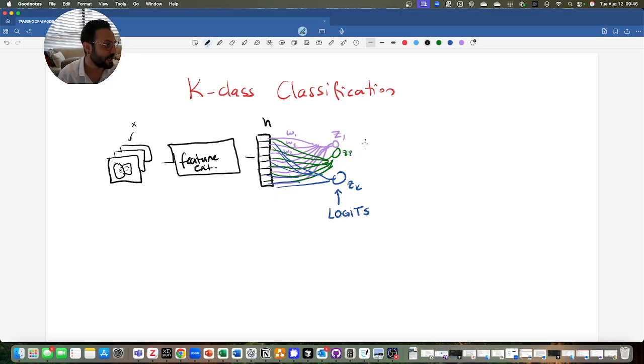So I'm going to draw a block of the softmax function, and this softmax function is going to take as input all of the z's and then give me my y's.